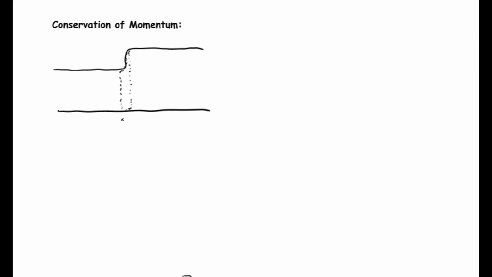So the conservation of momentum equation then, we're going to call this section 1, and this section 2. So this is our inlet, this is our exit, this is our depth here, this is our depth here. And our conservation of momentum equation, remember that was the one with the forces.